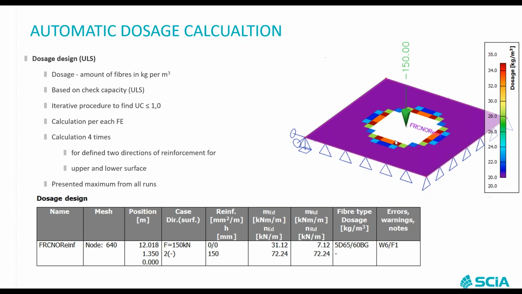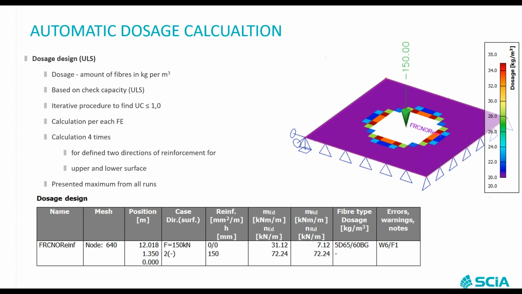For instance, we start from the maximum amount of kilograms in each mesh, and then we obtain the unity check for the capacity. If we see the unity check is far away from 1, then we make another iteration and reduce the kilograms. This kind of process is done in SCIA Engineer to obtain the optimal value of the kilograms. So we do that in 2 directions.